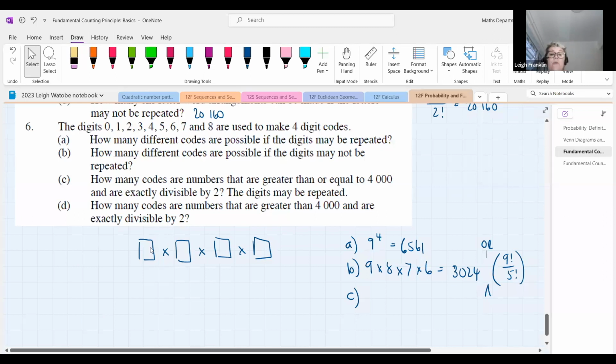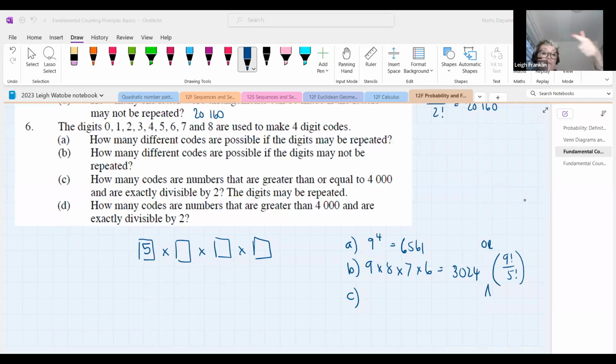You can put a 4 or a 5 or a 6 or a 7 or an 8. So there are 5 ways that you can fill the first block.